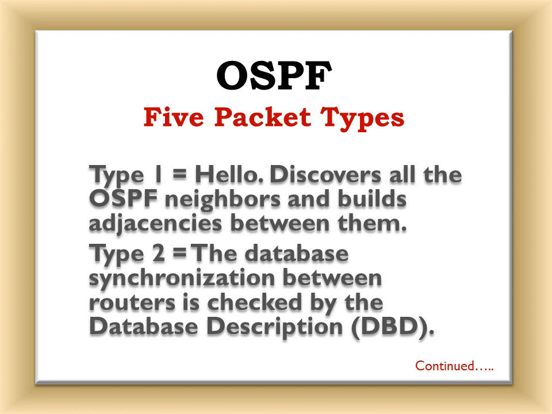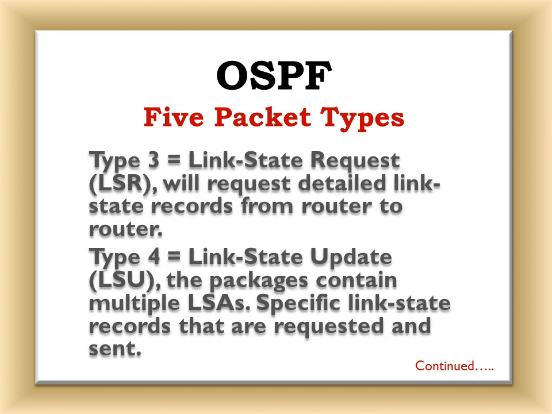Next, we're going to talk about the 5 packet types. Type 1 is called hello. It discovers all the OSPF neighbors and builds adjacencies between them. Type 2, database description, checks the database synchronization between routers. In type 3, link state request, LSR, a router will request detailed link state records from another router.